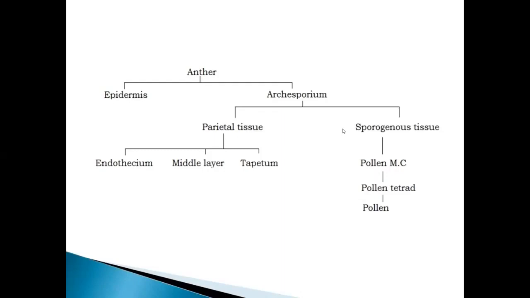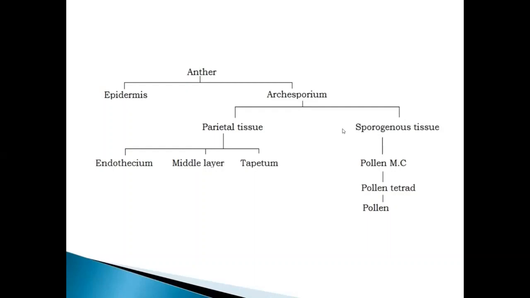Don't be confused. Today we have discussed only the anther structure. The anther parts: one is the epidermis, and the inner part is the archesporium. The archesporium consists of 2 layers. The outer part is the parietal tissue, and the completely inner part is the sporogenous tissue.